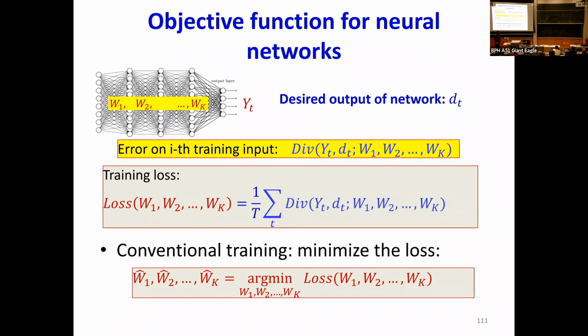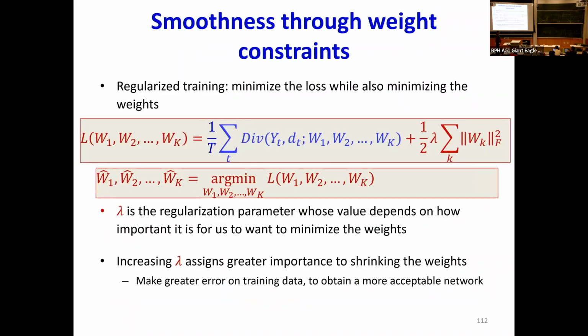And that's what you would be minimizing, right? Instead, now you're going to add a second term to this and say, I not only want my loss to be small, at the same time, I want to keep the weights small as well. And so you add this extra term to the objective, where lambda on the outside is the importance that you're assigning to keeping the weights small.